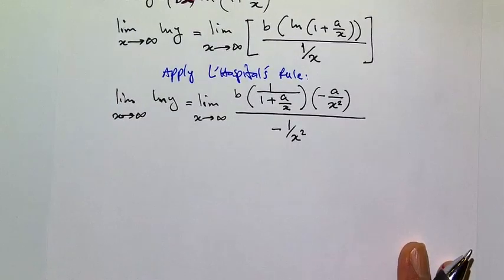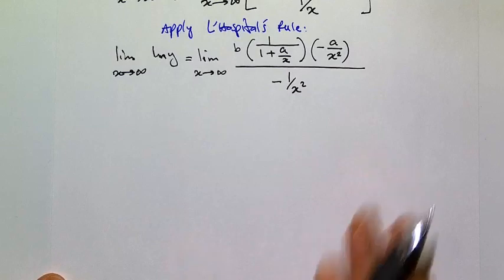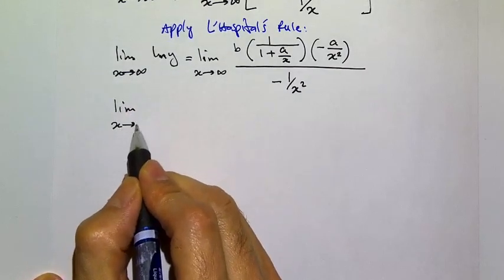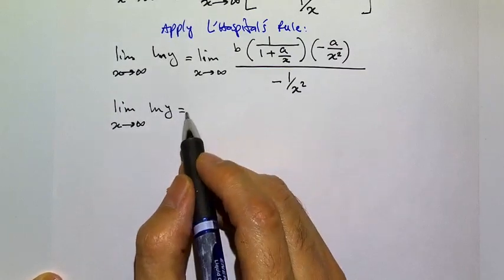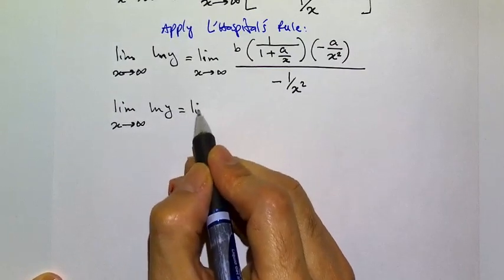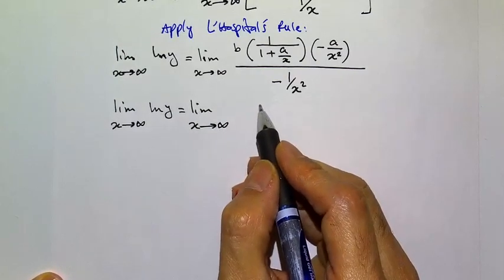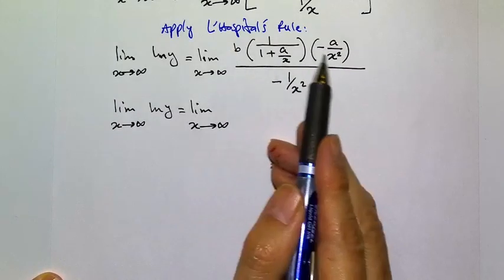And then let's clean this up a little bit. So on the left things look nice. On the right we have some work to do here. So we have limit as x goes to infinity, and then we have, so minus a times b, right?